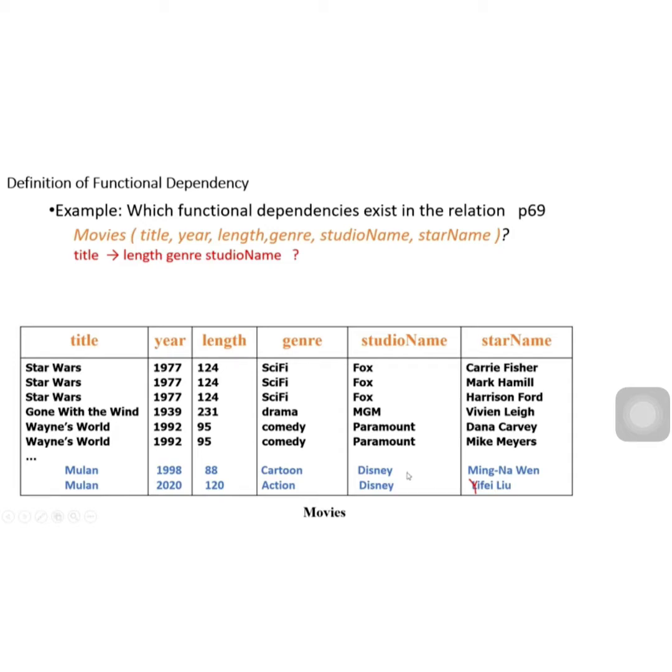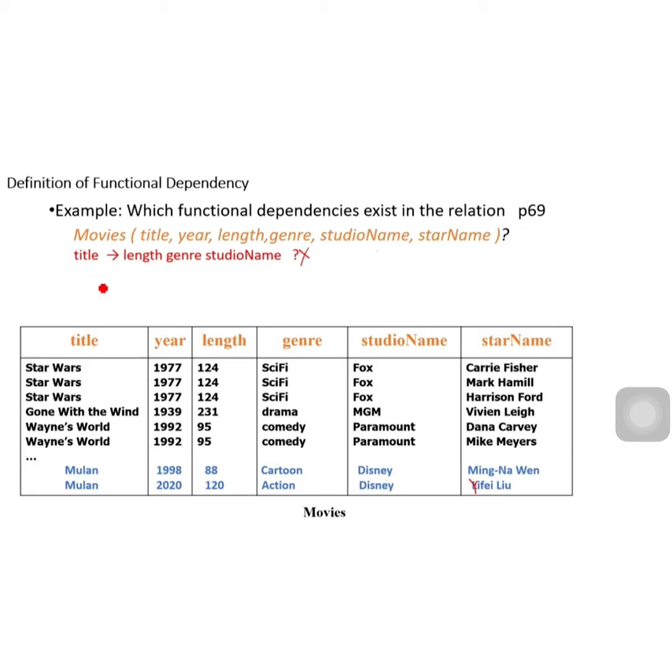So based on all possible samples, not just one sample, we can find this FD does not hold, because title cannot identify a movie. For a movie there is only one length, one genre, one studio, but title cannot identify a movie.